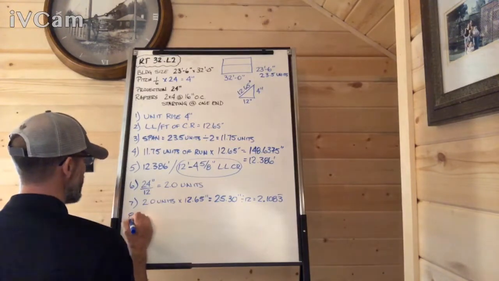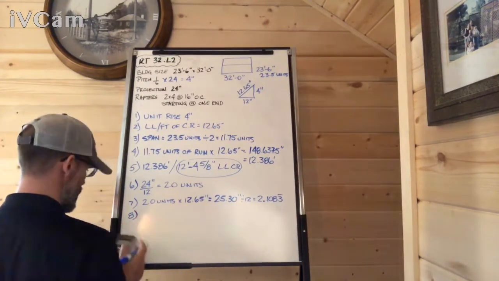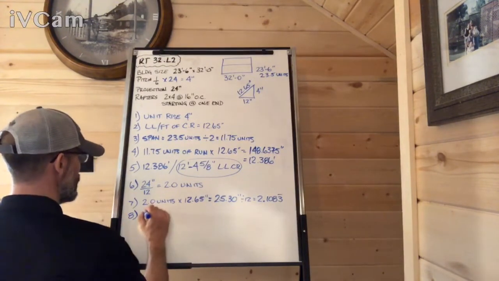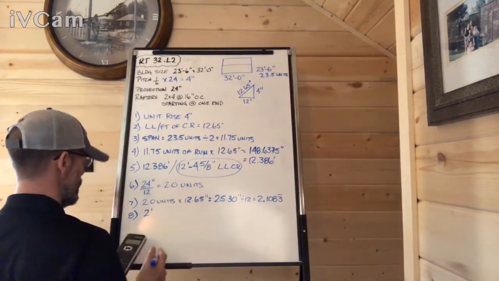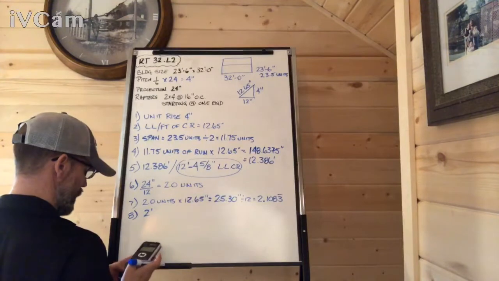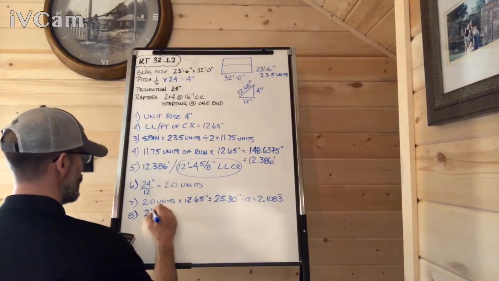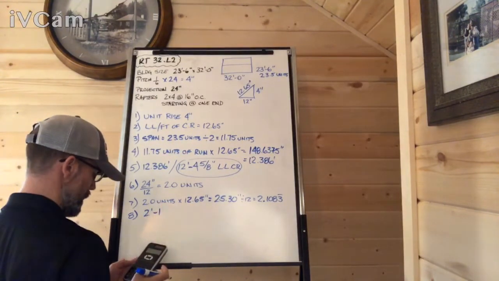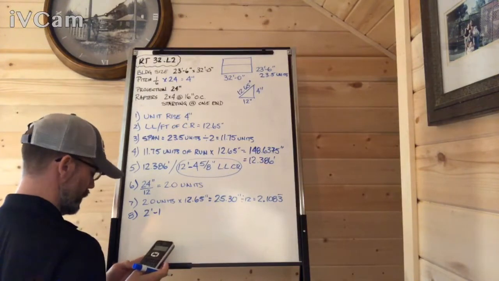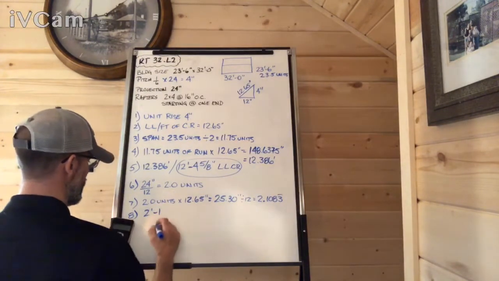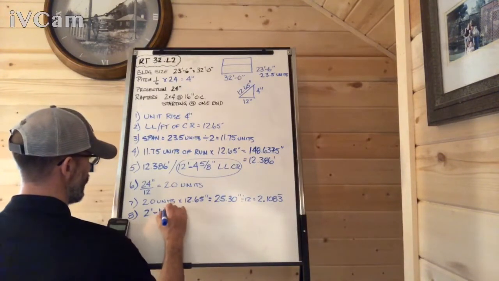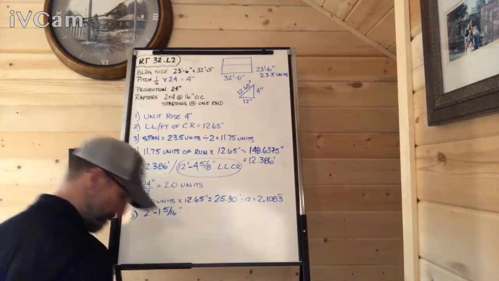So what is the length of my overhang? Well, I know that that is now 2 foot, subtract the 2, times 12 equals 1.3, so subtract the 1, times 16 to change that 0.3 into sixteenths, gives me 4.8. I'm going to round that up to 5/16 of an inch.